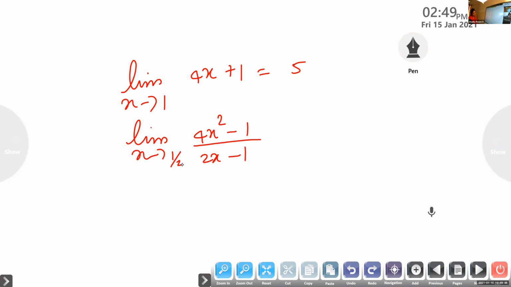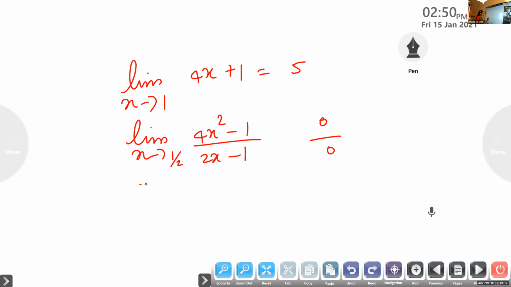How will you evaluate this? When you put x is 1 by 2, the denominator will become 0 and the numerator also will become 0. So it takes the form 0 by 0. The indeterminate form is to be avoided, so we have to use some identity accordingly.